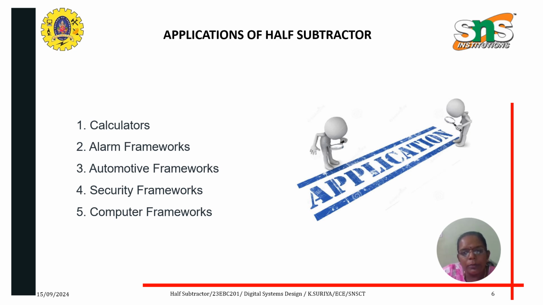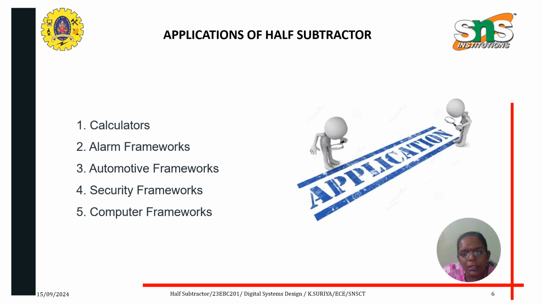Next one is automotive frameworks. Numerous advanced vehicles utilize digital logic circuits to control various functions like the engine management framework, braking mechanism, and theater setup. The half subtractor can be utilized in these frameworks to perform computations and comparisons.